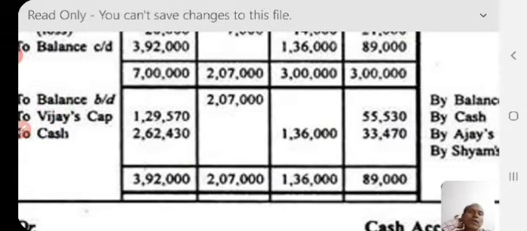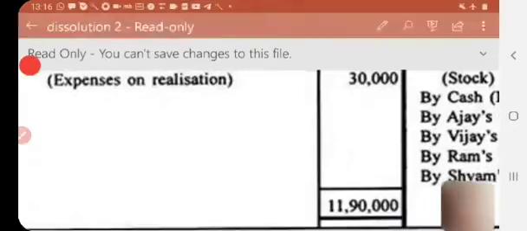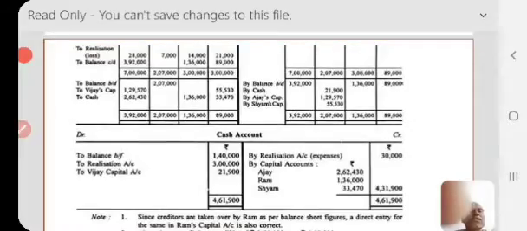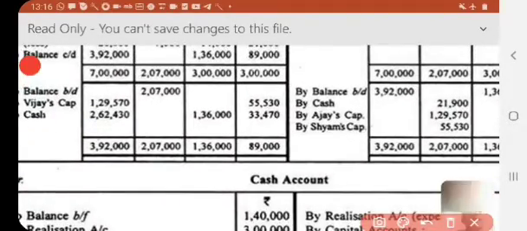Now, see this: the first partner has an excess balance of 3,92,000, and he is to bear an amount of rupees 1,29,000, the loss which is incurred due to the insolvency of Vijay.